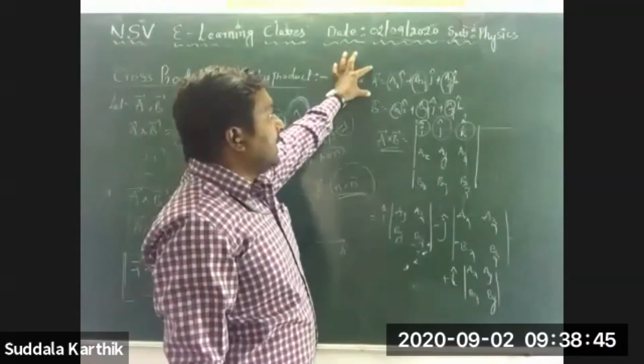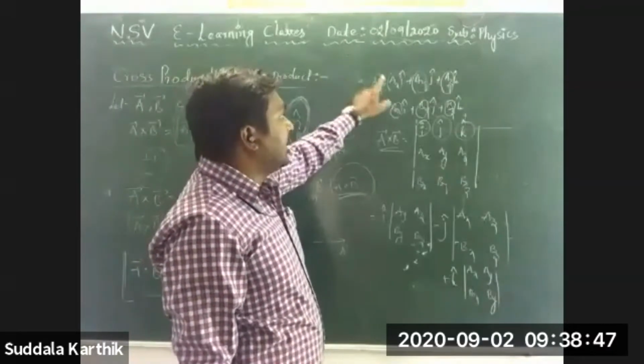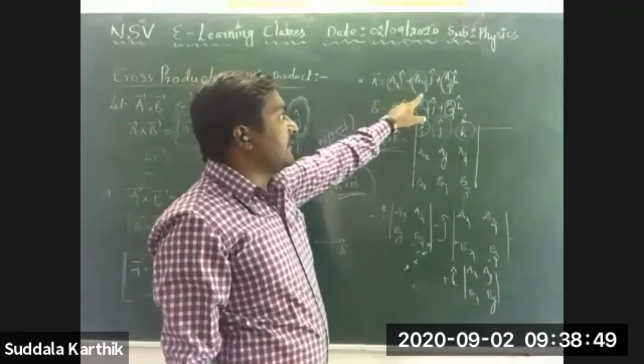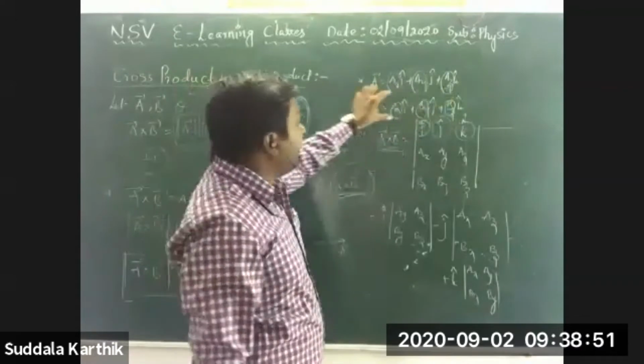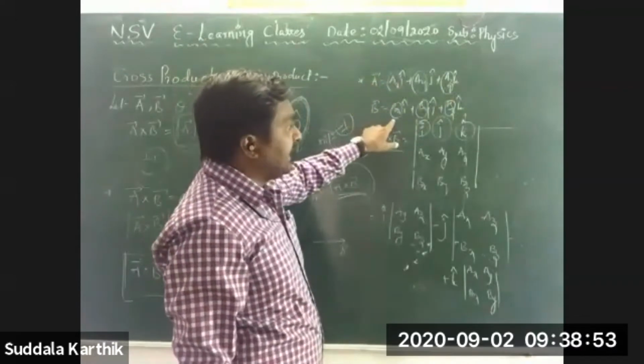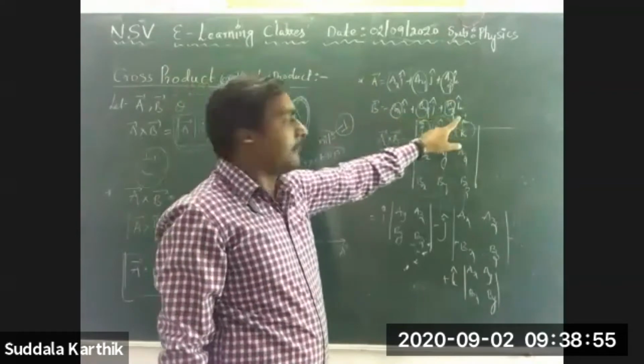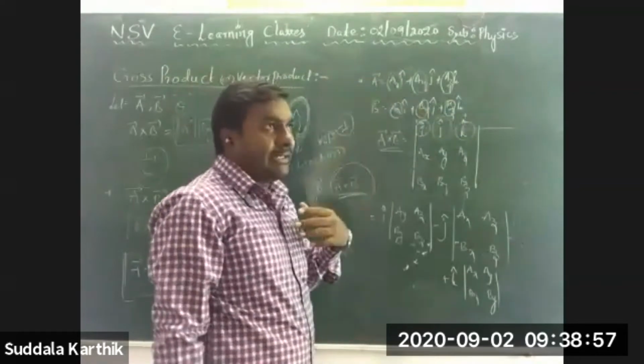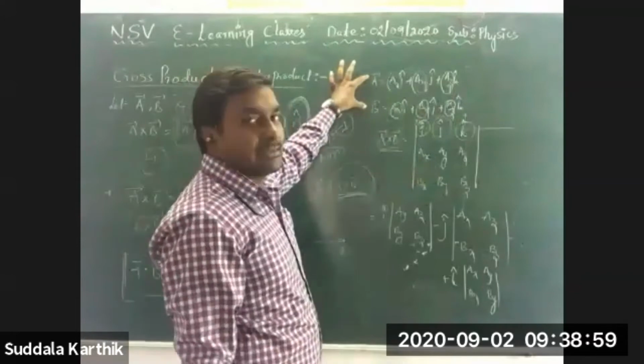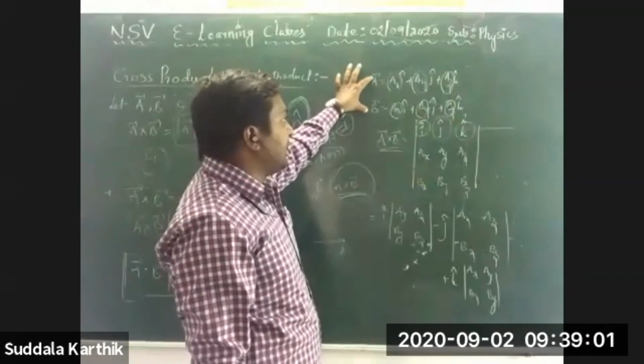Yes. A bar is one vector, in the form AX I cap plus AY j cap plus AZ k cap. B bar is another vector, BX I cap plus BY j cap plus BZ k cap. I want to find the cross product of these two vectors.